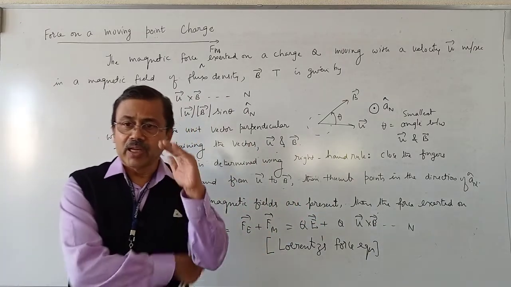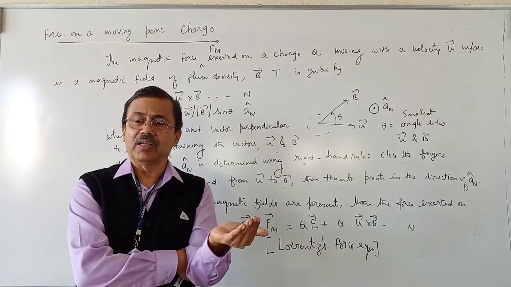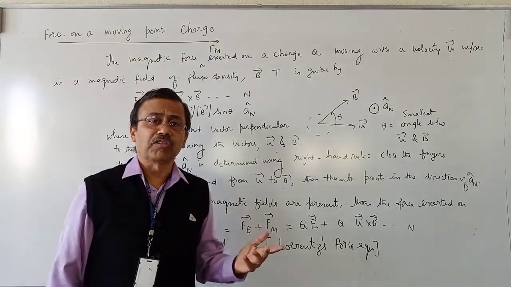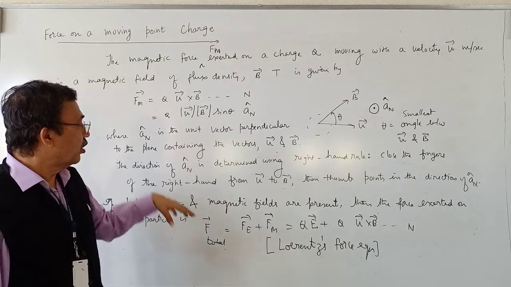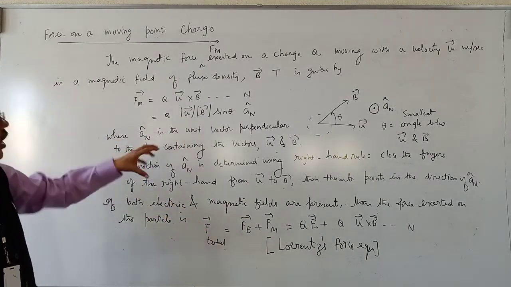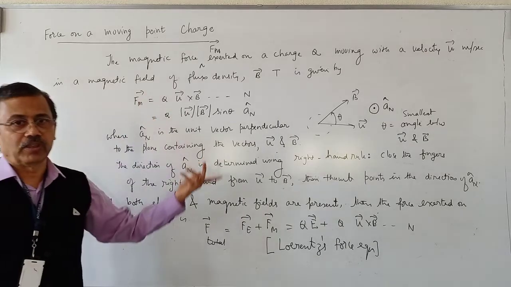Second thing is, electric force will act on the particle whether the particle is in motion or at rest, whereas vector Fm is exerted only when particle is in motion.